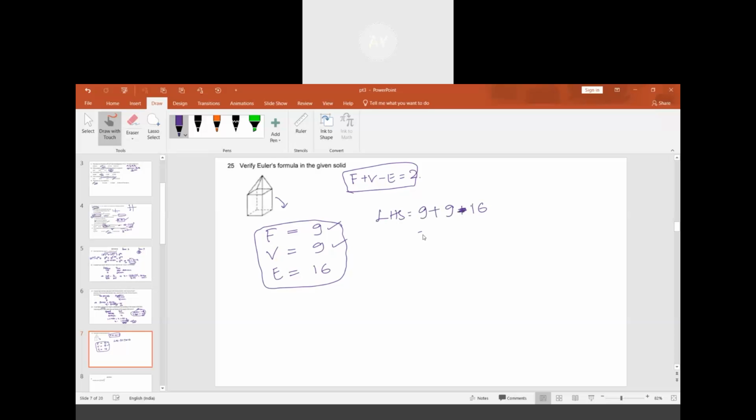We get it as 2, and this is equal to the right hand side. This is all we verify. The question is not to find the edges here. One of your friends has found the edges and some have mentioned only 9 and 9. For them I have given part of the marks.